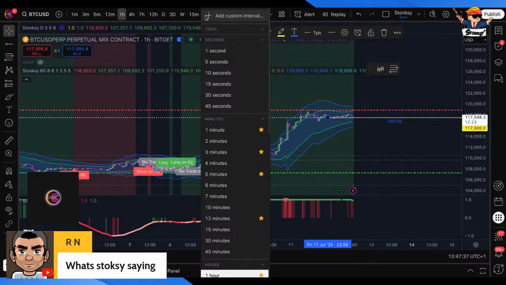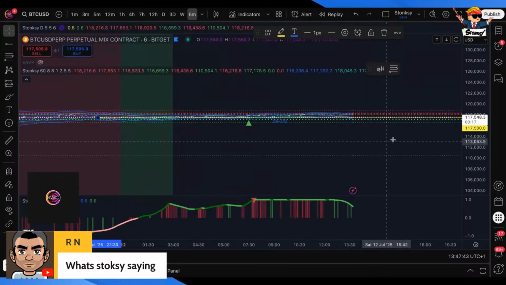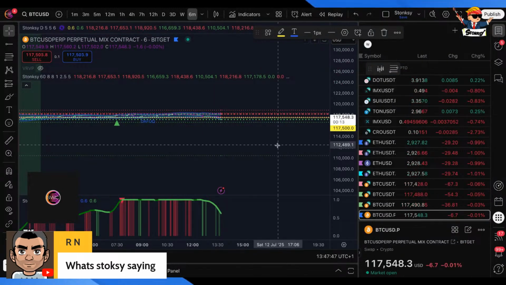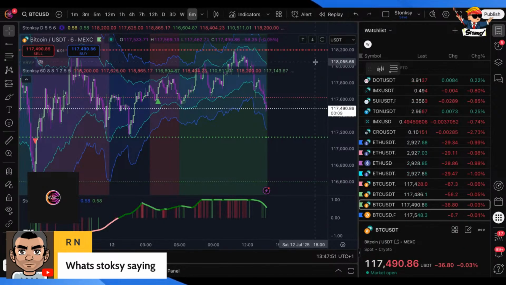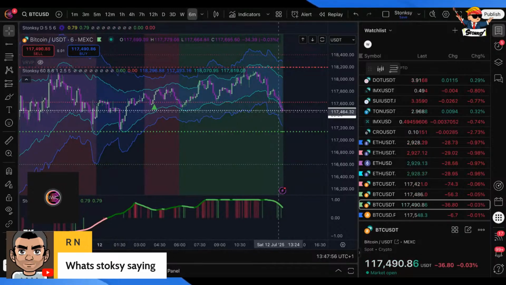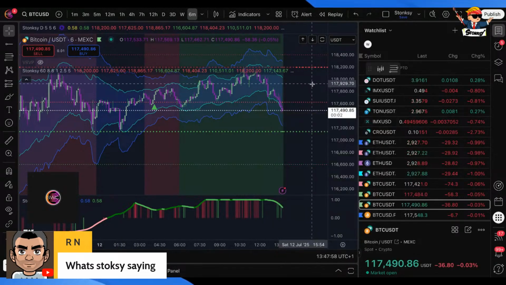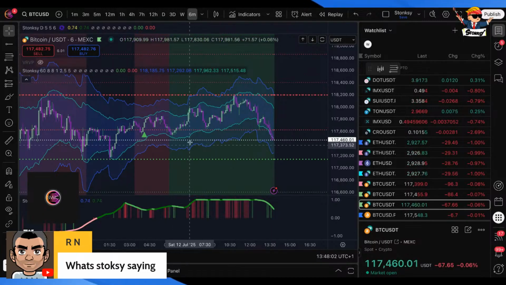So I like the one that SMFC, one of the coders for Stonksy, likes, and for some reason that's not shown with BitGet. But if we look at a different chart, you can see that on the 6 minute time frame, that's been green since about 6 o'clock this morning, but the price has actually come back down.